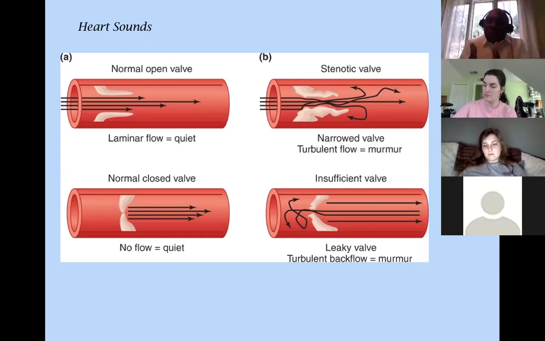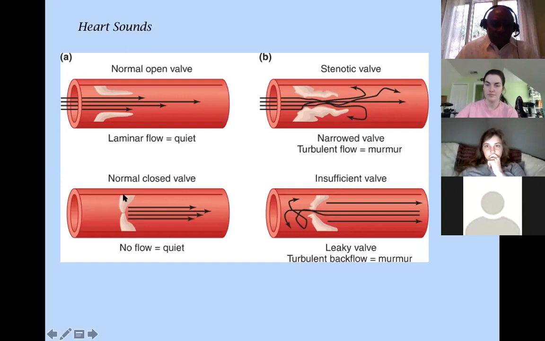In areas where the river is narrowing, you're going to hear the sounds because there's a turbulence. And so the river will make noise. So that's the case also with an abnormal valve that's not completely opening. So there will be a turbulence, there will be a murmur.